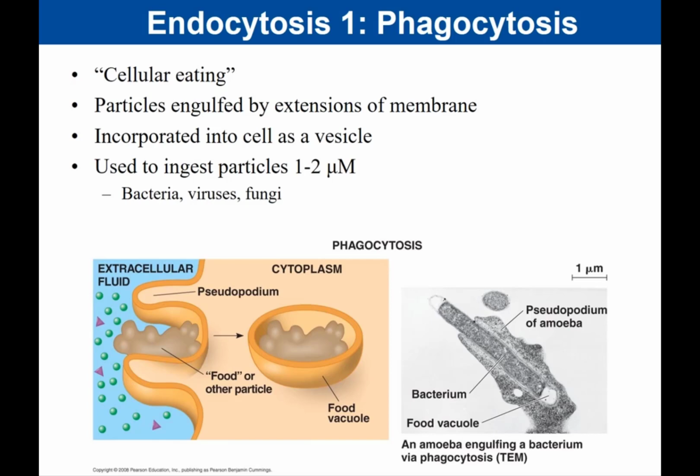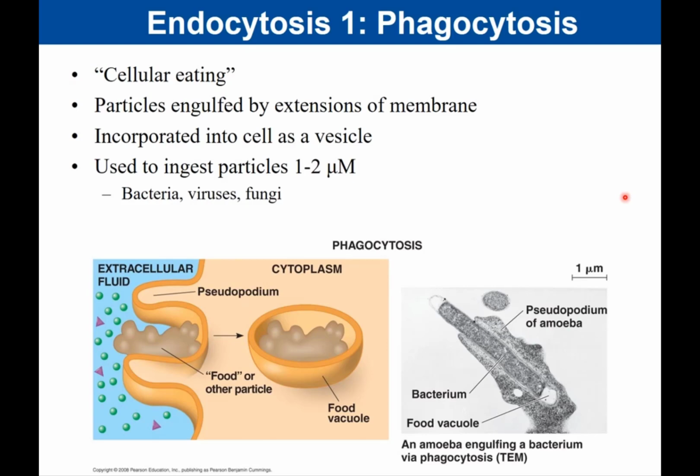What the cell does is it sends out these extensions, and these extensions are referred to as pseudopodia. If you remember back to our lecture on cell organelles, we talked about cytoskeletal elements, and specifically we talked about actin. And actin is the cytoskeletal element that's responsible for producing pseudopodia.